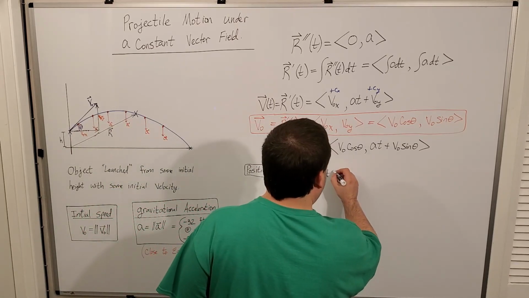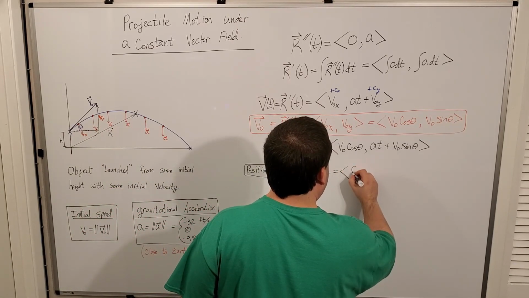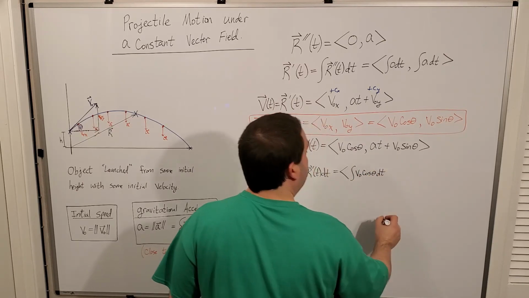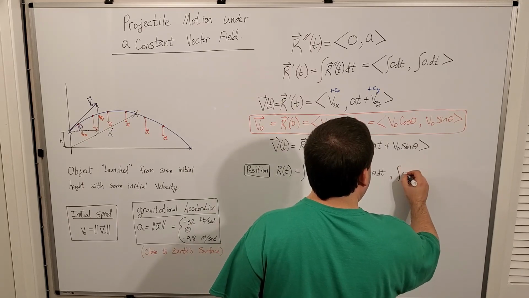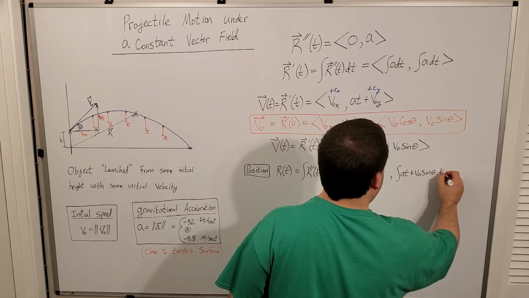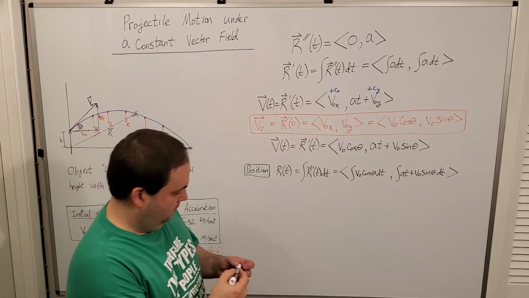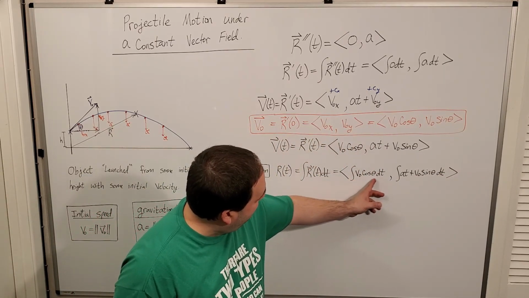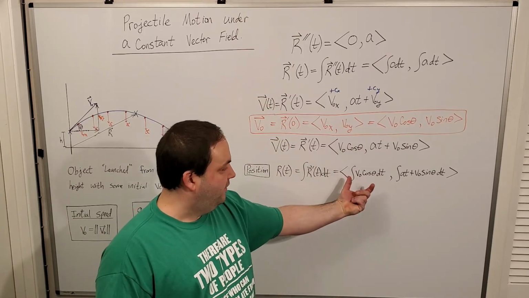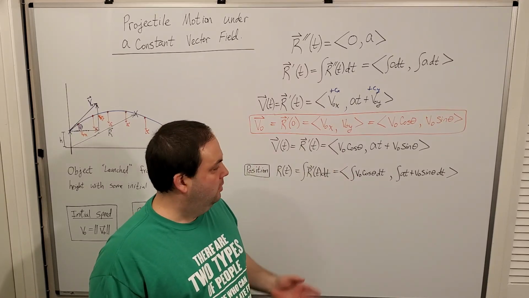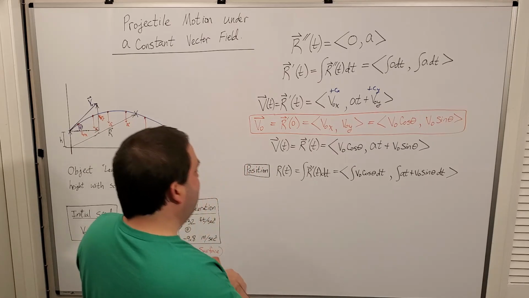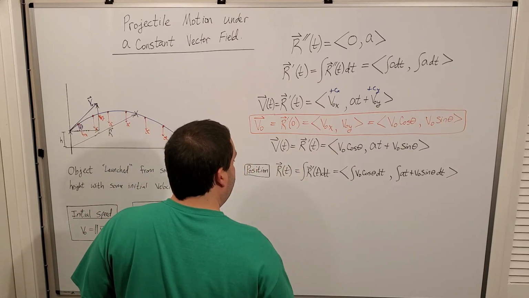So therefore, I will be doing the antiderivative of each component. Now notice in the x component, I don't actually have any t's. It's just a number, whatever v naught cosine theta is, that's just some number, dt.